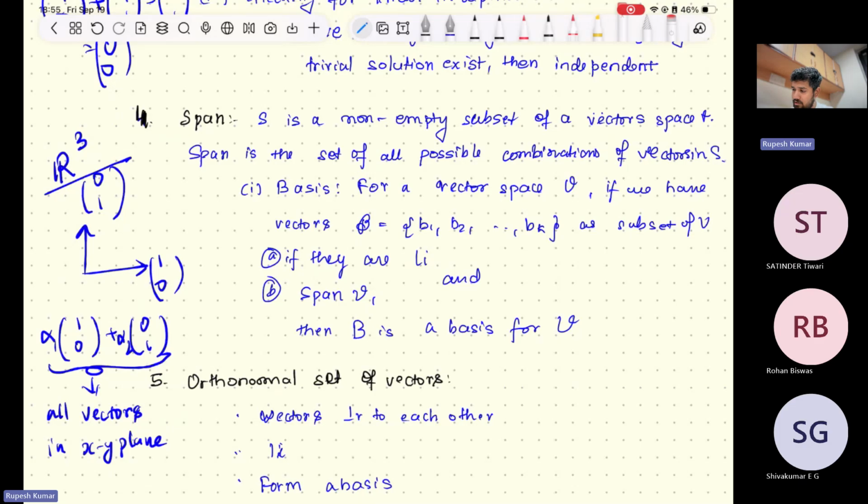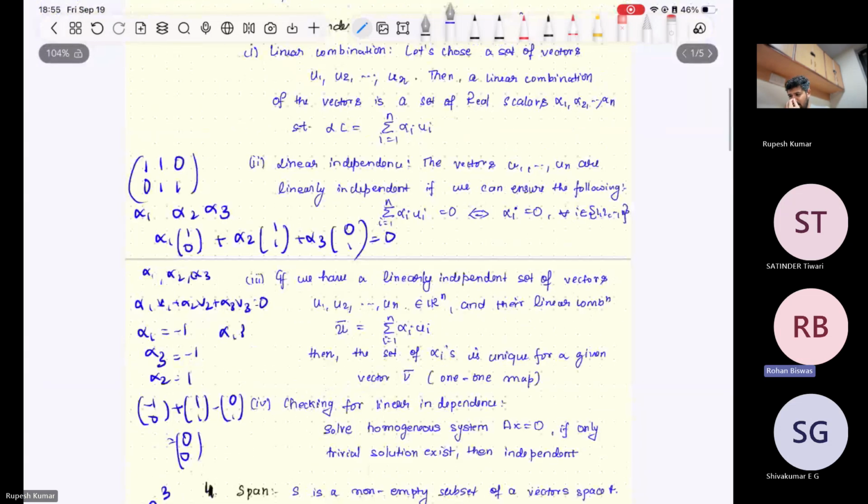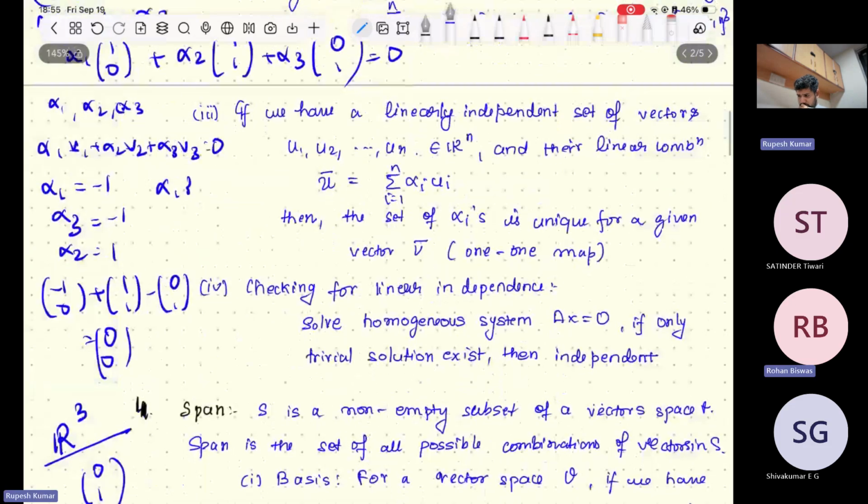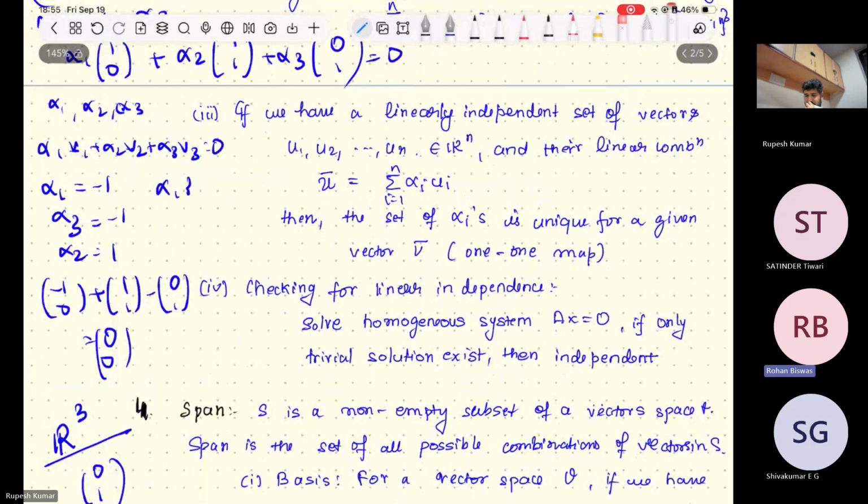Sir, a small doubt with a previous assertion that you have written in the linear independence part: if Ax equal to 0 has only the trivial solution, then it is independent. Then the columns are independent. It depends on the definition of the matrix A and the vector x.